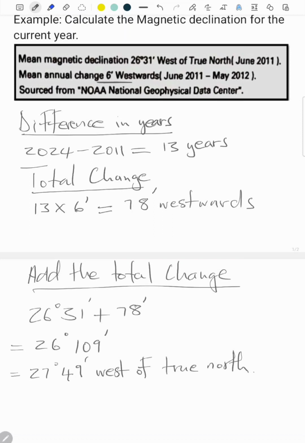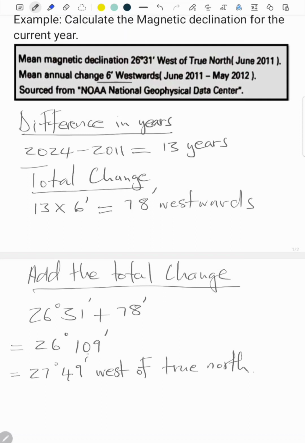Don't forget, 1 degree equals 60 minutes. So because 1 degree equals 60 minutes, we subtract 60 minutes from this 109 in order to add to this side and have 27 degrees. When you subtract the 60 minutes, because they make one degree, you will remain with 49 minutes. And then our final answer will be 27 degrees 49 minutes west of true north.